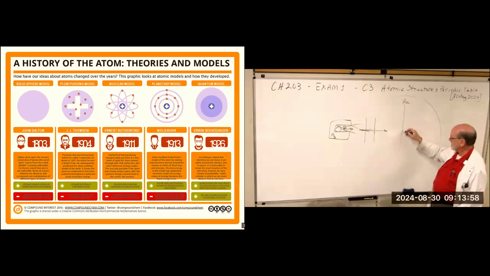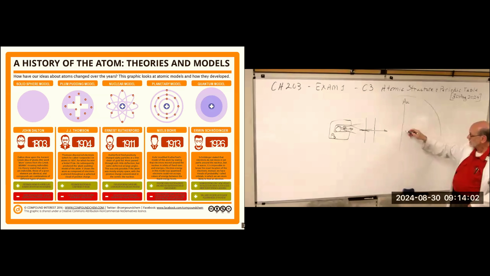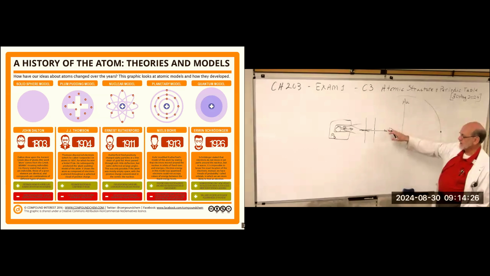So when they strike the foil, most of them go straight on through. Make a dot there. He probably used film in those days. So that means that either the plum pudding model is accurate or most of the space in an atom is empty. But he also saw a deflection of these particles.